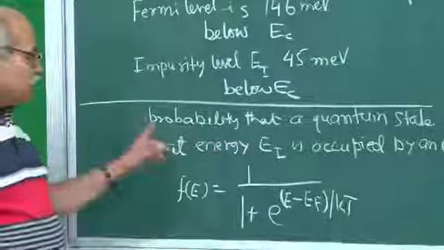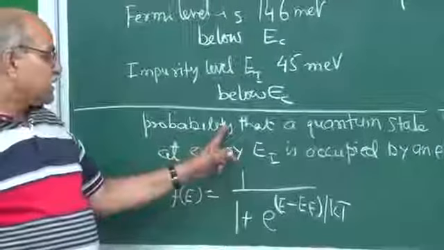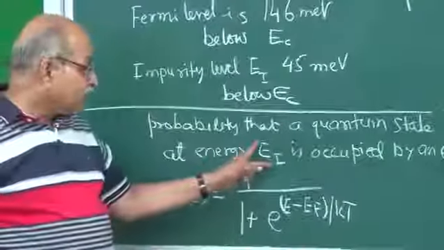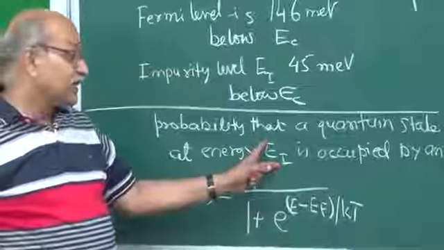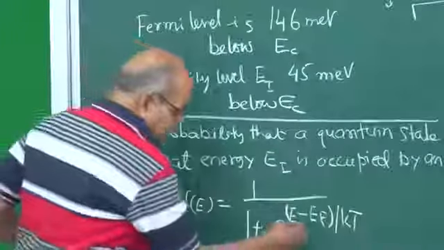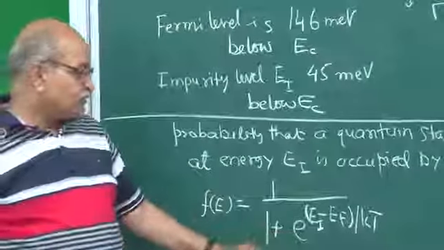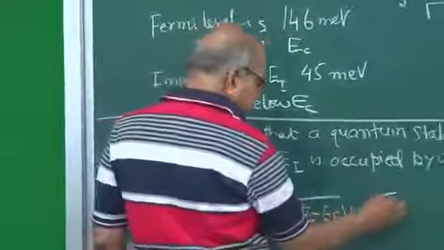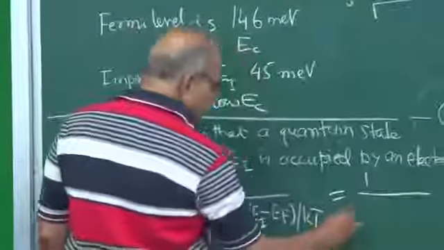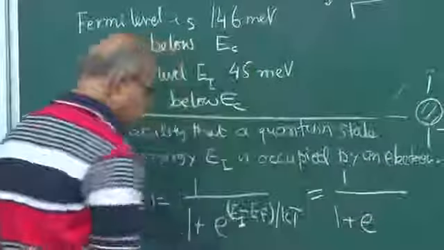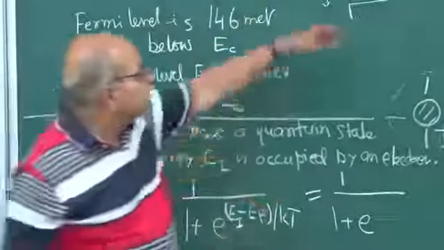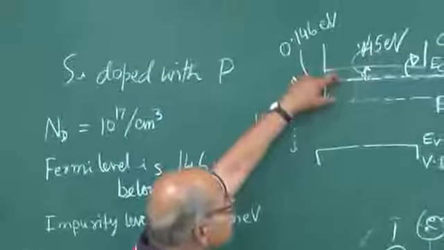Since I am looking for the probability that a quantum state at energy EI is occupied, this E here is nothing but this EI, and that one can calculate. So this is 1 over 1 plus e to the power (EI minus EF) over kT.